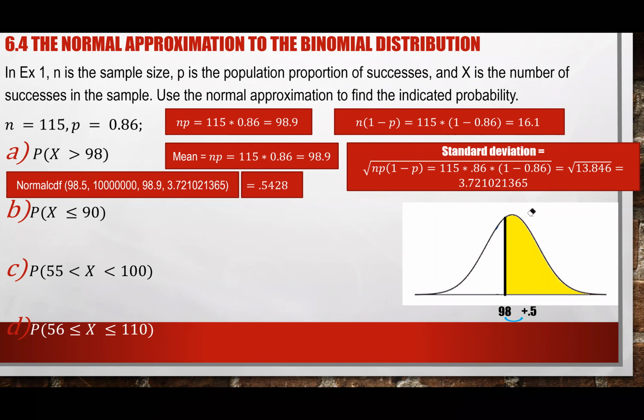Before I continue, does anyone have a question on how to utilize your calculator? I know some of you probably have a question about the endpoint, but let me go through B, C, and D. Hopefully you see that B, C, and D give you an idea of how to adjust your endpoint.